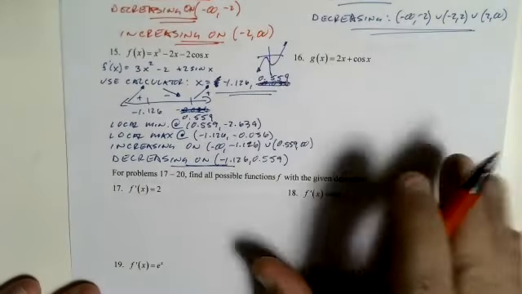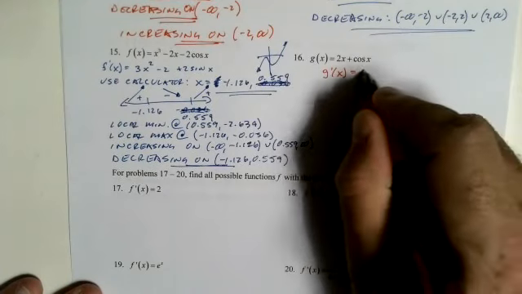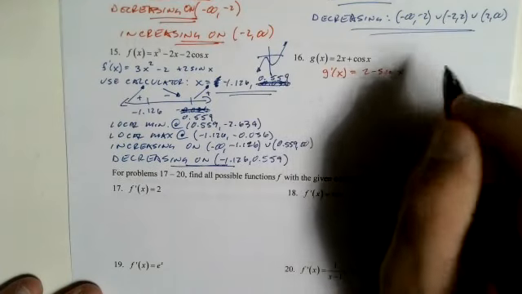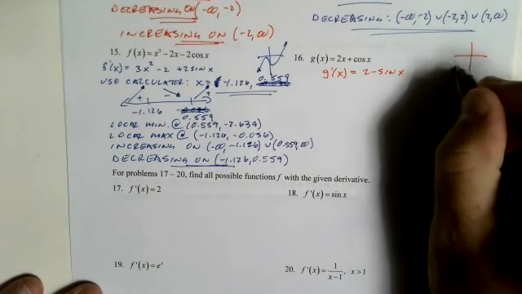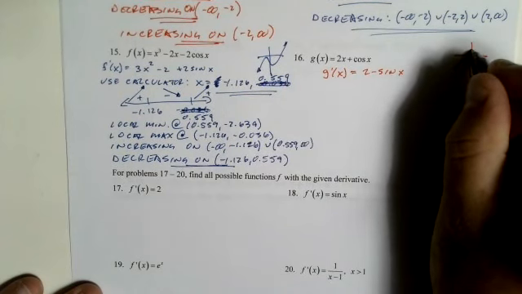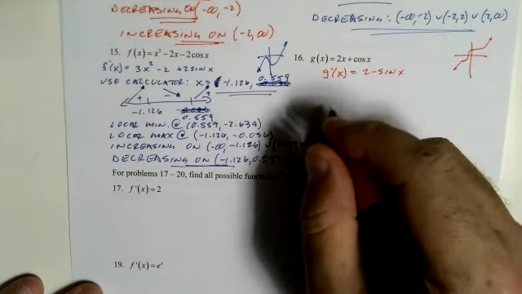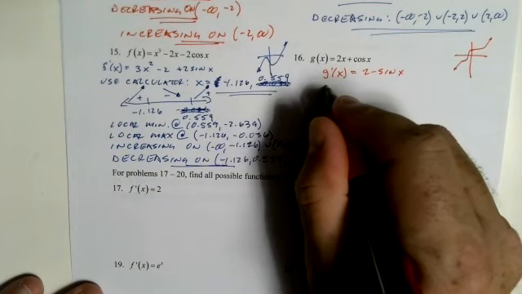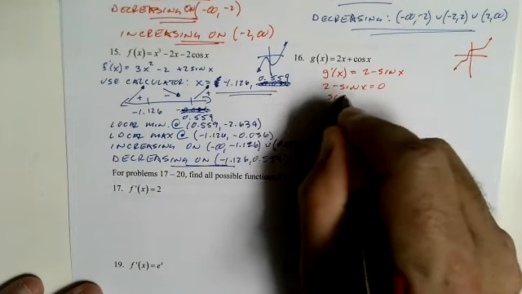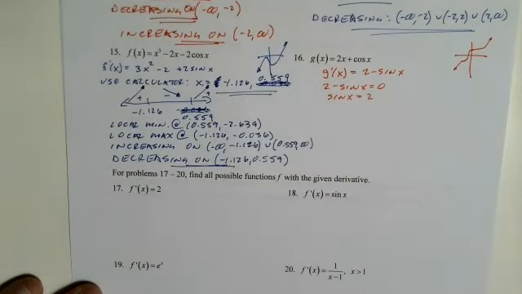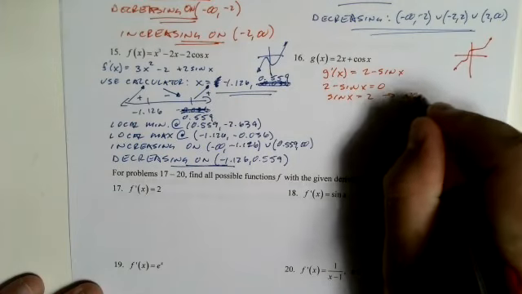Q prime of x, 2 minus sine of x. This is a really weird little kind of funky graph over here. Sine of x is never greater than 1, so not possible.